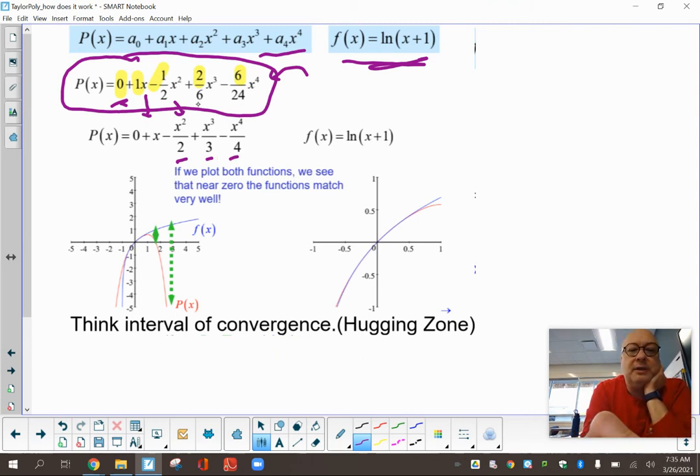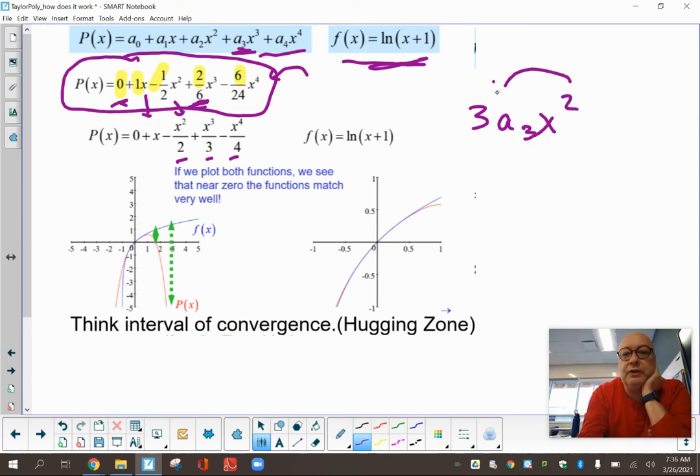But I want you to notice that as you bring your denominators down, that 6 there, where does that come from? That comes from the original derivative of bringing kind of like that 3 in front. So this term right here. So when you take a derivative, it becomes 3a sub 3x squared.